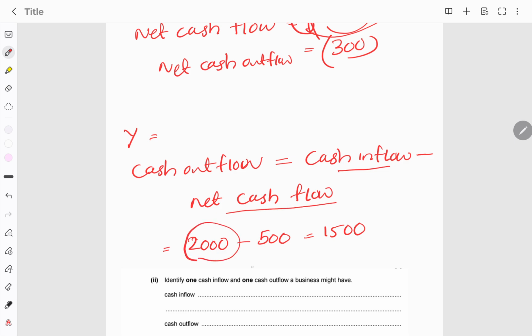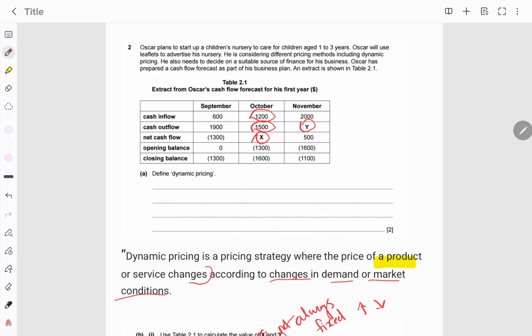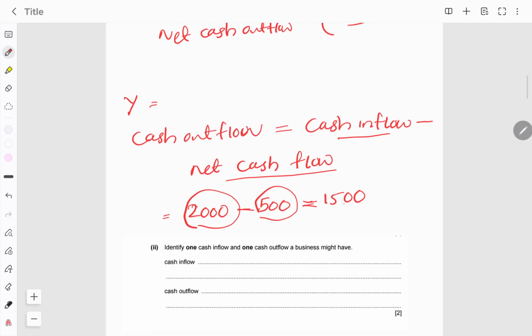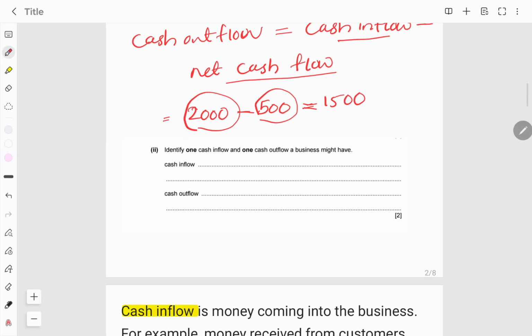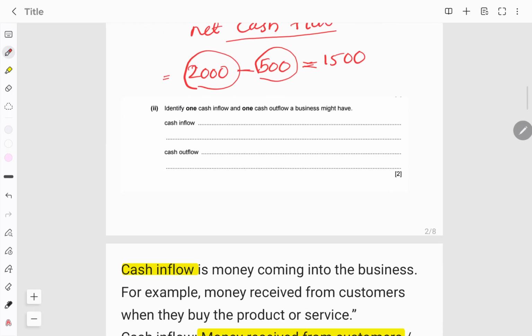So 2000 minus 500 equals 1500. Here you can see cash inflow 2000 and net cash flow 500. So the answer is 1500 as cash outflow. Then let's move on to the next question.